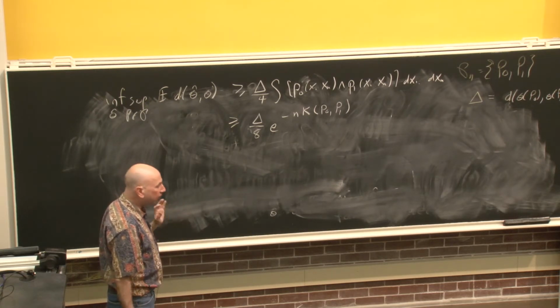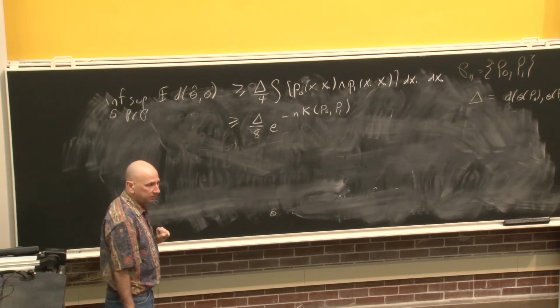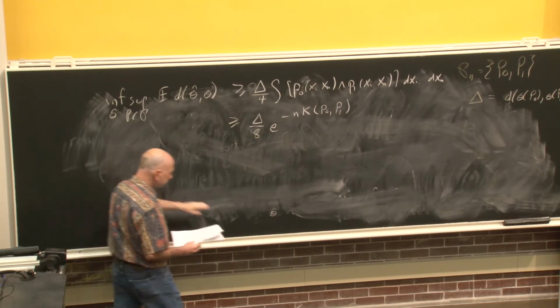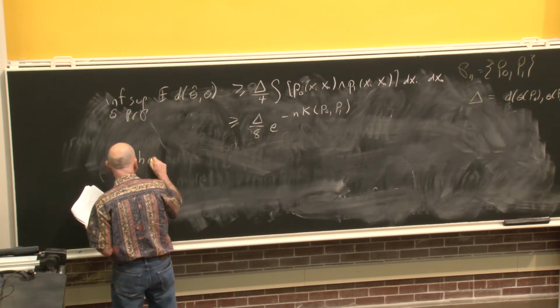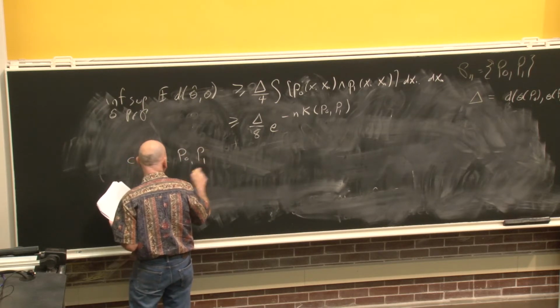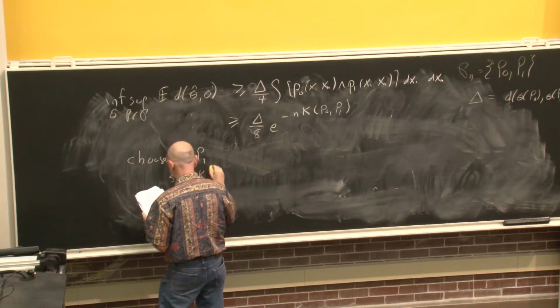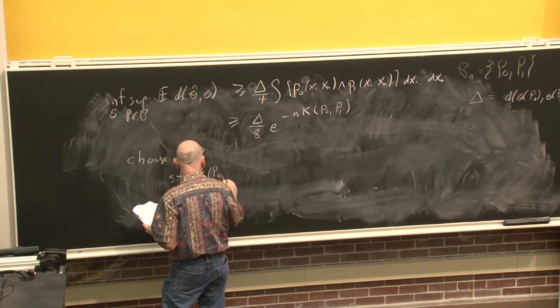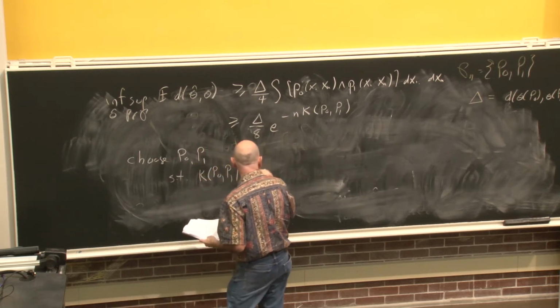Okay, but now, before I do that, let's immediately answer the question, how do I choose P0 and P1? The answer is, let's choose any distributions in our class, P0 and P1, such that the Kullback-Leibler distance between them is less than something of order 1 over n.